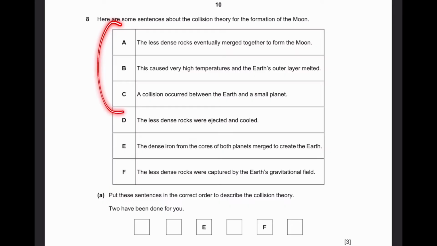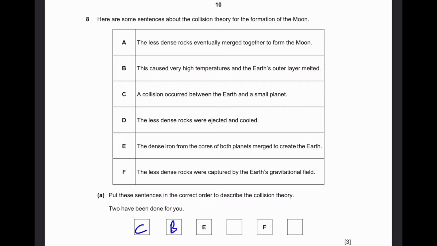Out of these 4, we can see that C is the first step for the collision theory. A collision occurred between the Earth and a small planet. And the small planet is often termed by scientists as Theia. Now the second one is going to be: this caused very high temperatures and the Earth's outer layer melted.